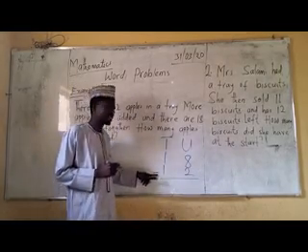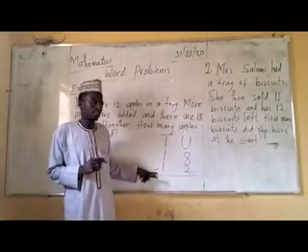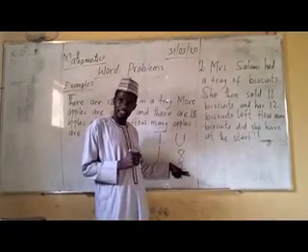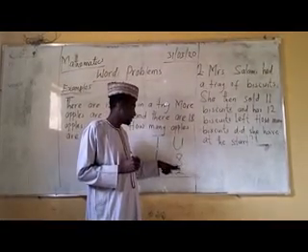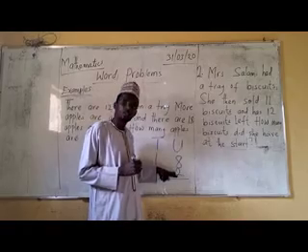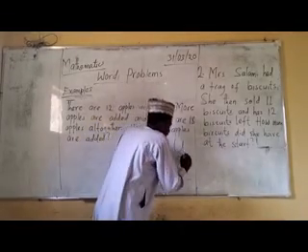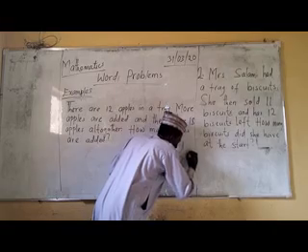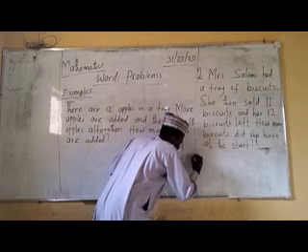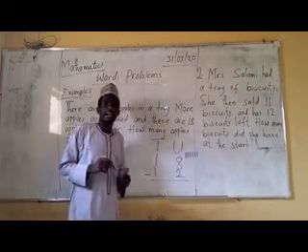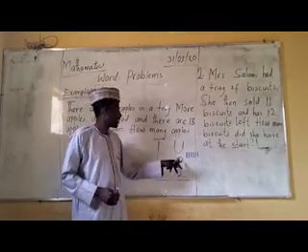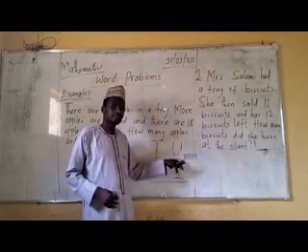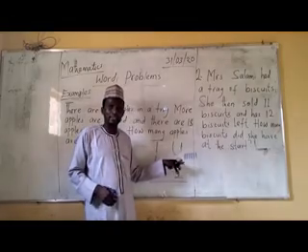We draw our line, this is our subtraction sign. As usual, we start from units. 8 units minus 2 units. So we can put these marks 1, 2, 3, 4, 5, 6, 7, 8. They are 8. These marks represent our number 8.